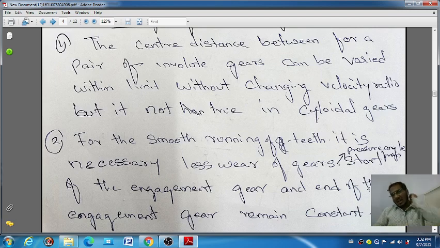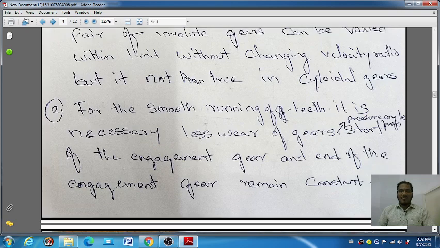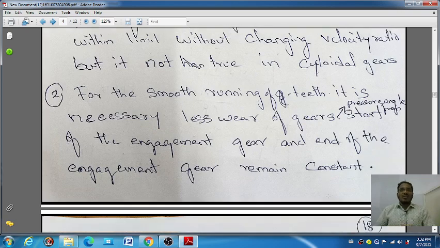If the pressure angle is the same on all the teeth, the gear will move smoothly. If two meshed gears are not producing any noise, it means the engagement at the start and at the end has a constant velocity ratio.